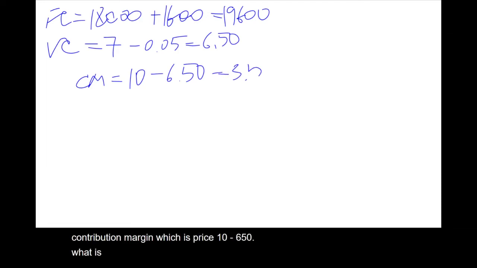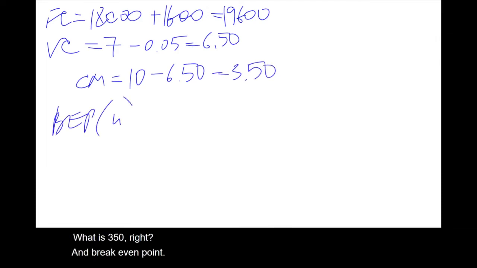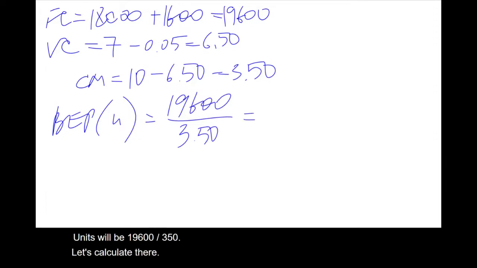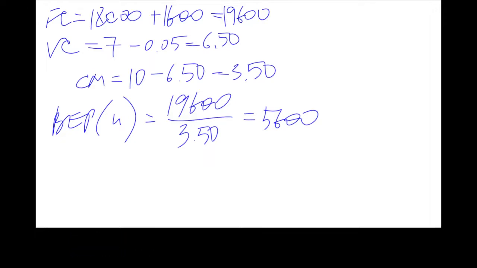What is it? 3.50, right? And the break-even point in units will be 19,600 over 3.50. Let's calculate that. They have 5,600. So that is the answer. Any questions?